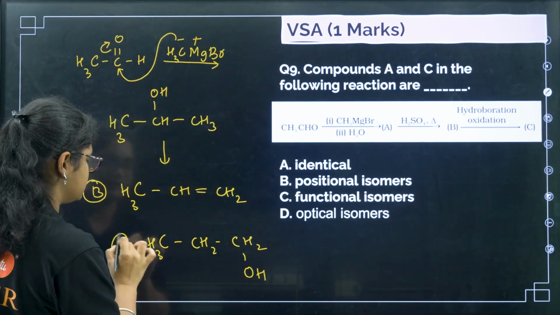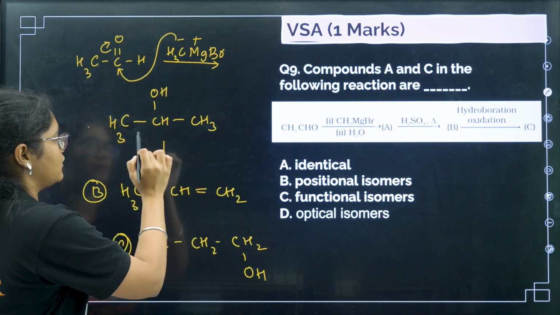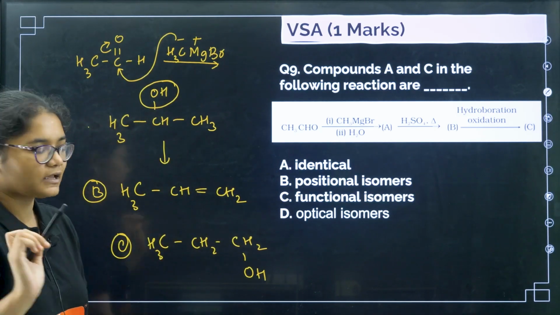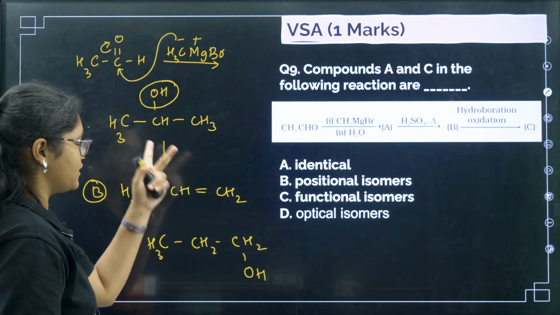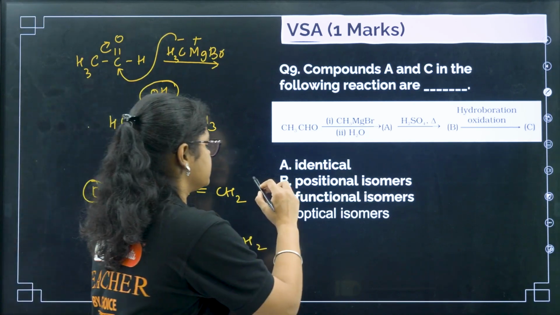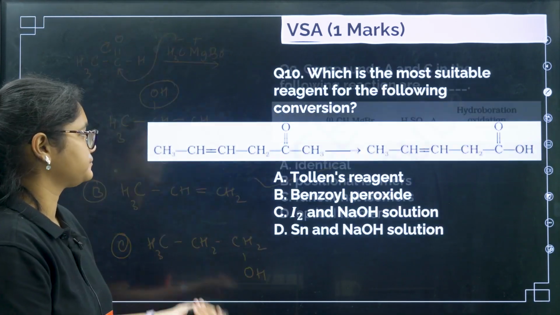This is your C. Now what is the relation between A and C? In A, OH is present on the second carbon, and in C, OH is present on the first carbon. The same functional group on different positions is called positional isomers. So the correct answer is option B here.